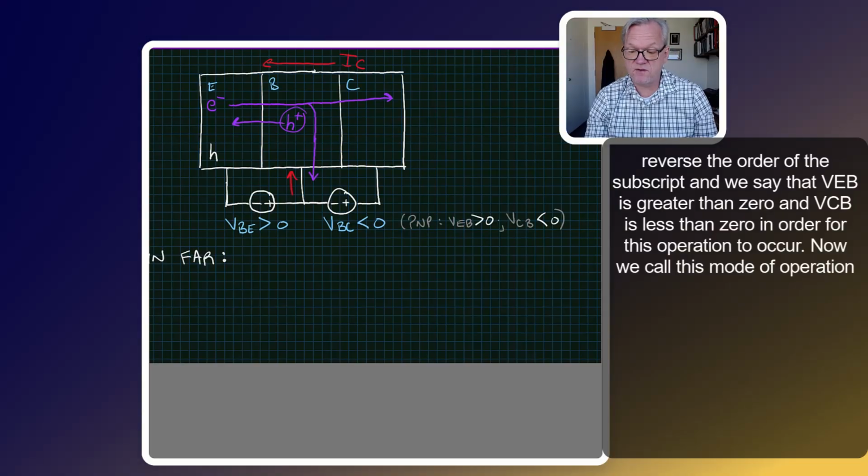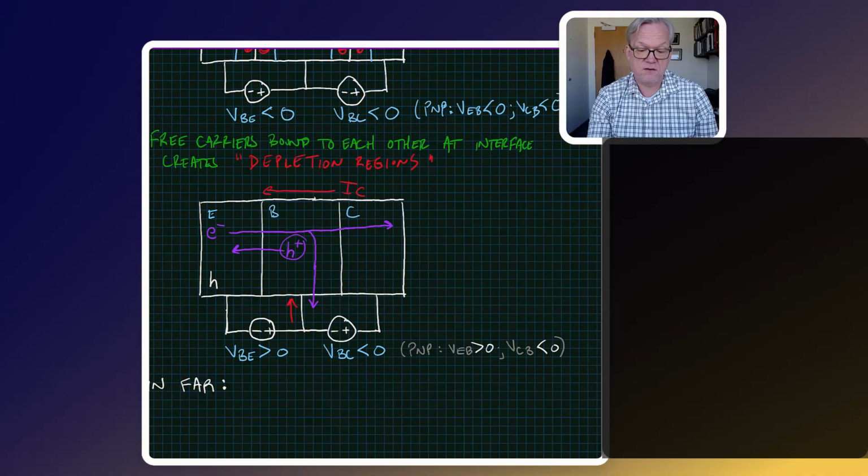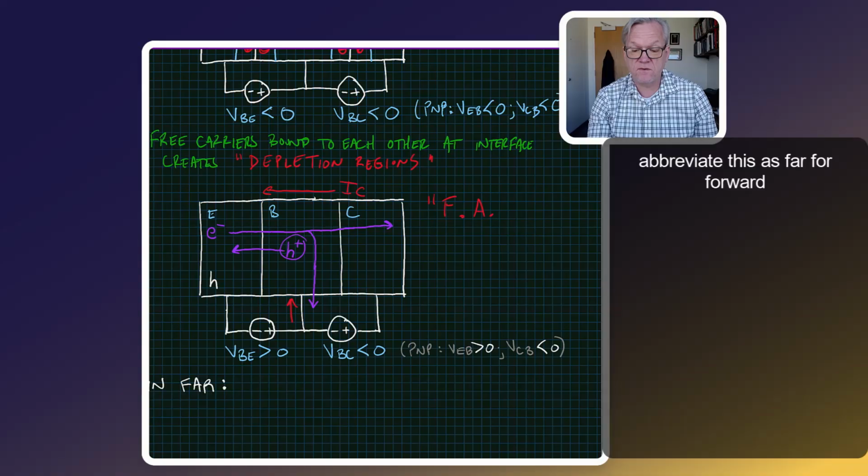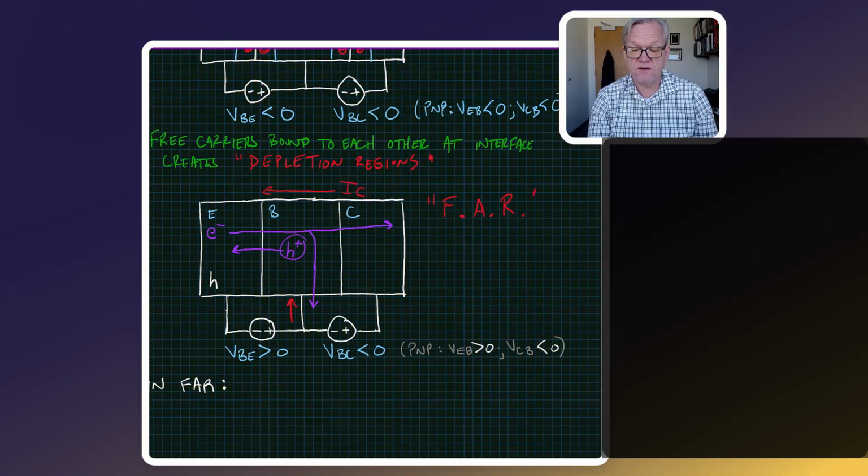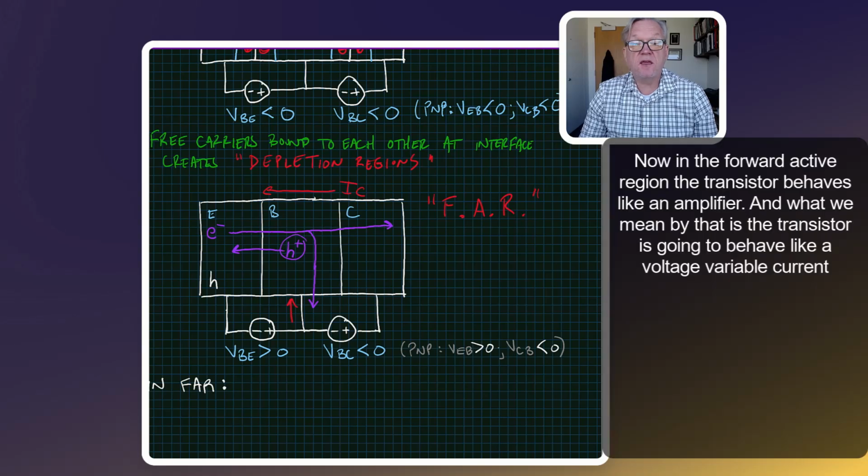Now, we call this mode of operation the forward active region, or we'll abbreviate this as FAR for forward active region. Now, in the forward active region, the transistor behaves like an amplifier. And what we mean by that is the transistor is going to behave like a voltage variable current source.